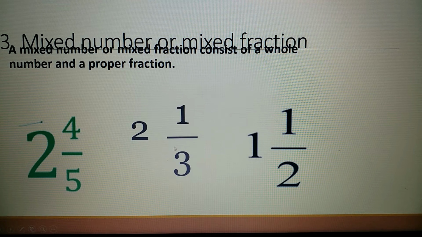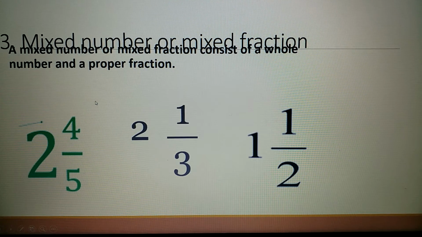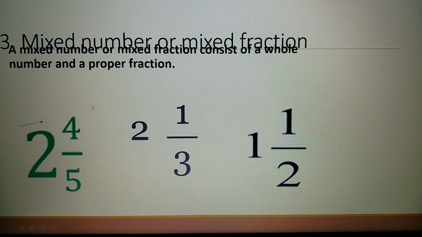And the last one is the mixed number or mixed fraction. What is a mixed number? A mixed number is a fraction that consists of a whole number and a proper fraction. Which one is the whole number here? 2 and 1 over 3, for example.